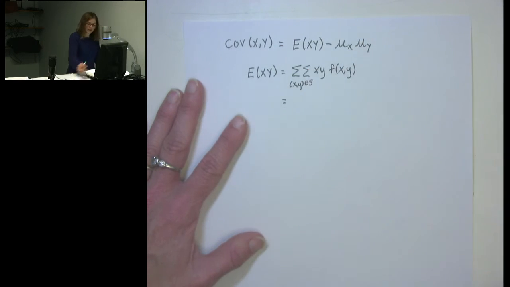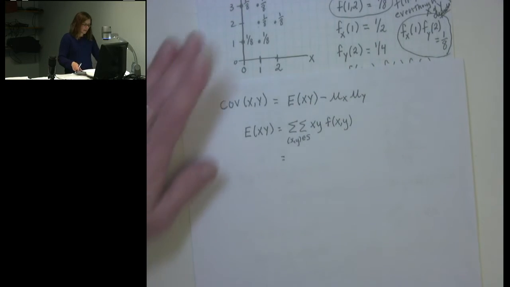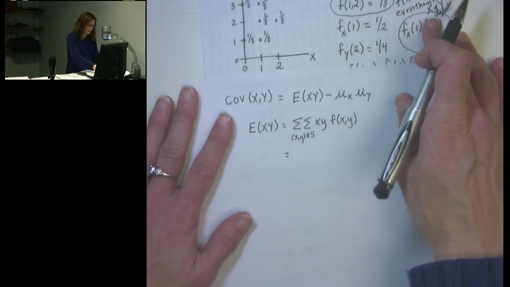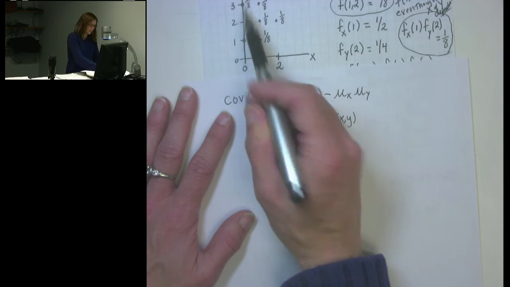So in this case, looking at our joint PMF, we'd say, okay, let's see. We've got the x, y pairs with 0 in them.